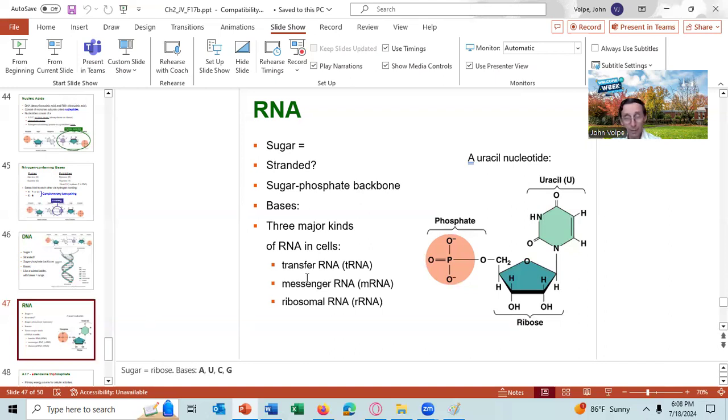So tRNA is important in protein translation, if that's what you were trying to say. And what about rRNA and messenger RNA? Are they important in protein translation?